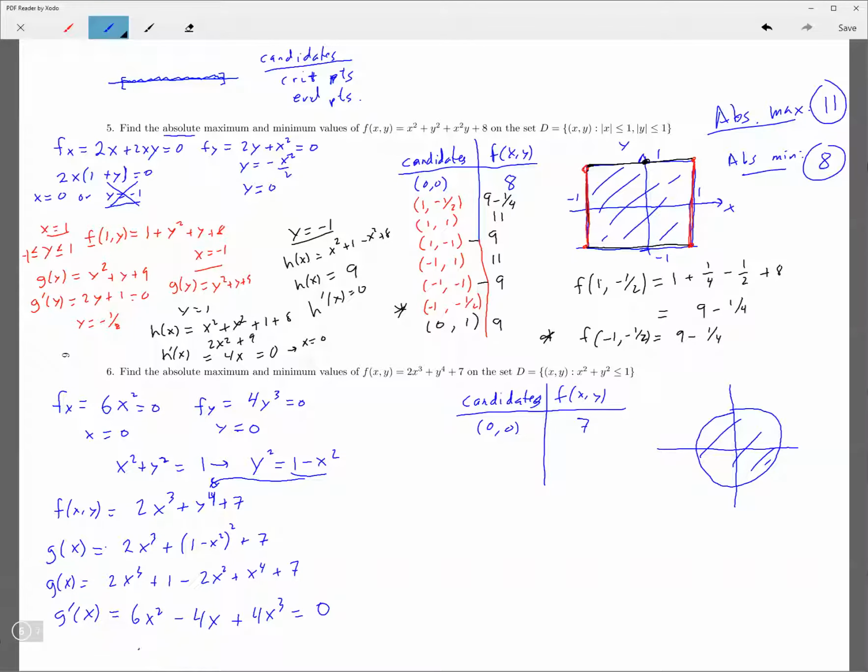Okay, so let's see. If we factor a 2x and rearrange, then this becomes 2x times (2x squared plus 3x minus 2). Can we get that to work?